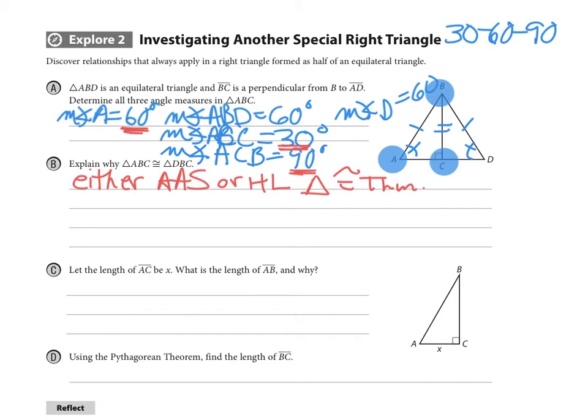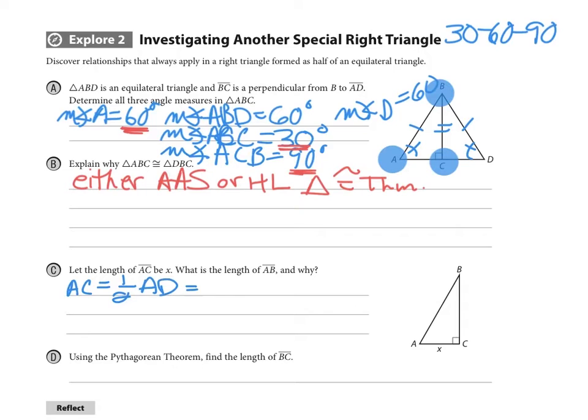So part C says, and they've pulled off in the diagram to the right there, just triangle ABC from the diagram above. But it says, let the length of AC be x, and you can see that's the label. What does that mean the length of AB has to be, and why is that? Well, you guys remember, in the bisected base there of AD of this isosceles triangle, AC is really just half the length of AD.